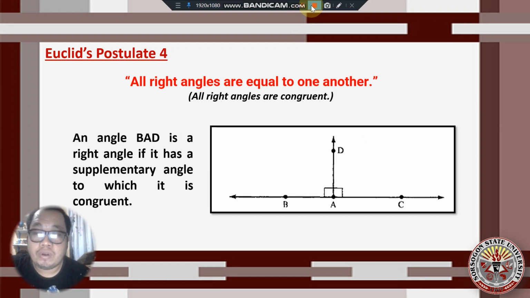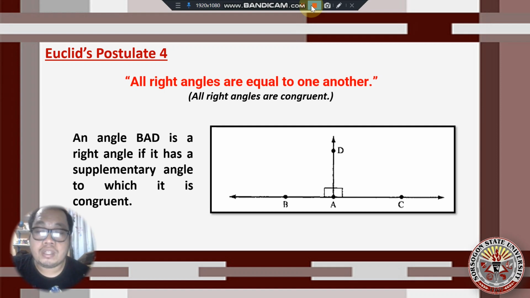Moreover, an angle BAD is a right angle if it has a supplementary angle to which it is congruent. As illustrated, line BC is perpendicular with line DA, and that forms two right angles, namely angle BAD and angle CAD.